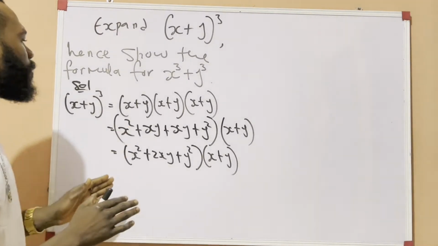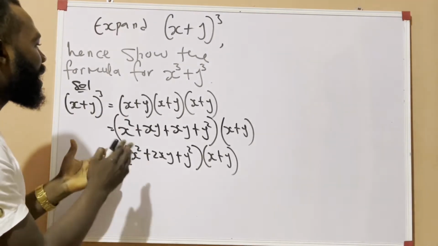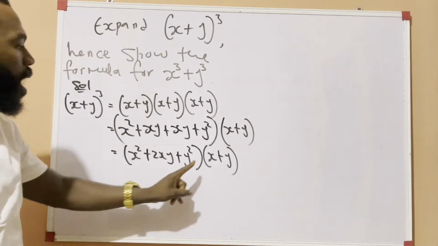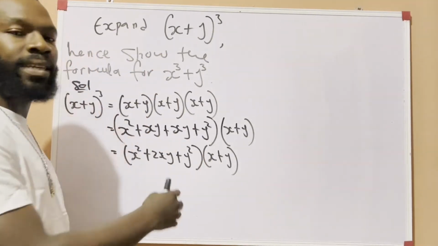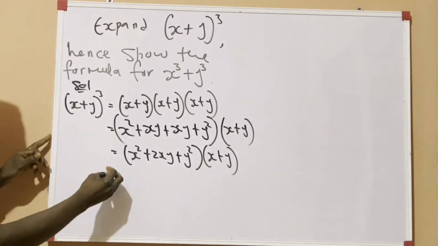Alright, now that we have simplified (x + y) in the first two brackets, we are going to use the third bracket to multiply this bracket, and so we're going to get this.